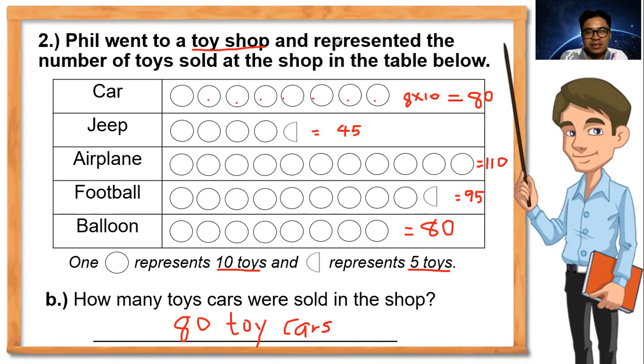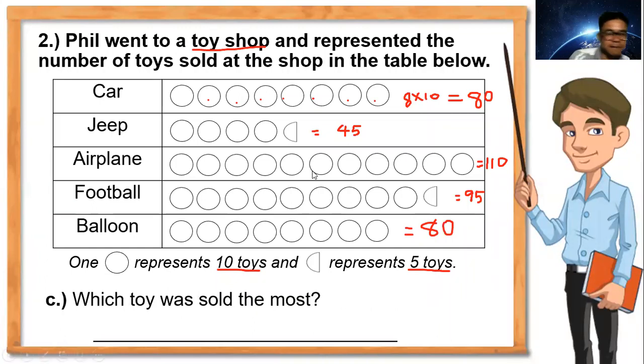Okay, good. Let's proceed to letter C. Question: which toy was sold the most? Meaning, this toy has the greatest number sold in the shop. Which toy? You can see here the airplane, right?